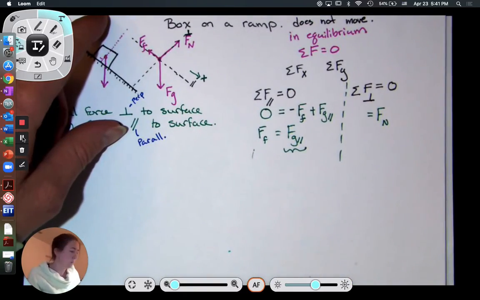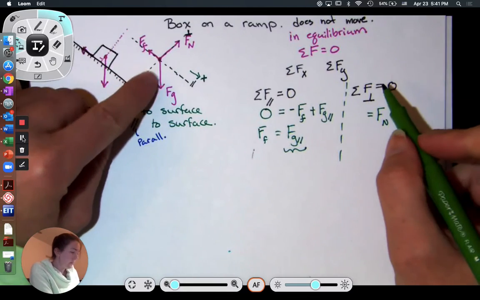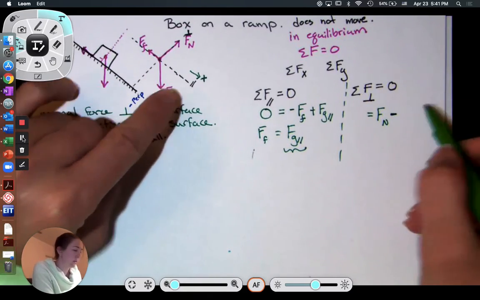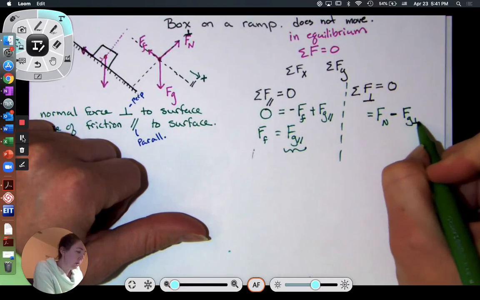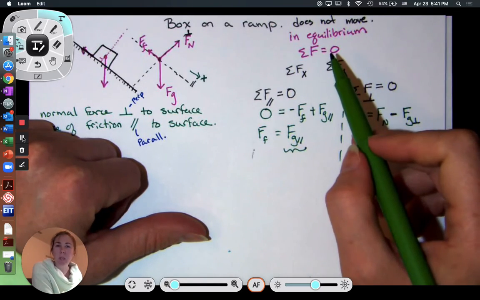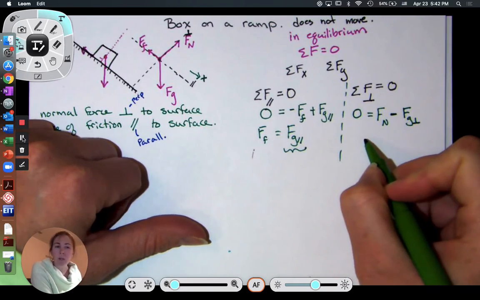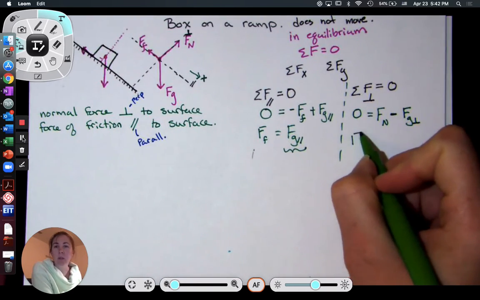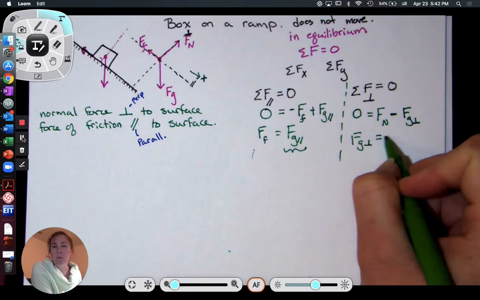So I get the normal force is positive minus the bit of this force of gravity that's in the perpendicular direction. And remember, I'm in equilibrium again. The sum of the forces equals 0, so this is going to be equal to 0. So I can write that the force of gravity perpendicular equals the normal force.